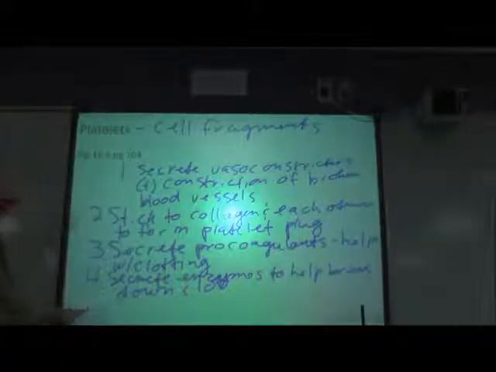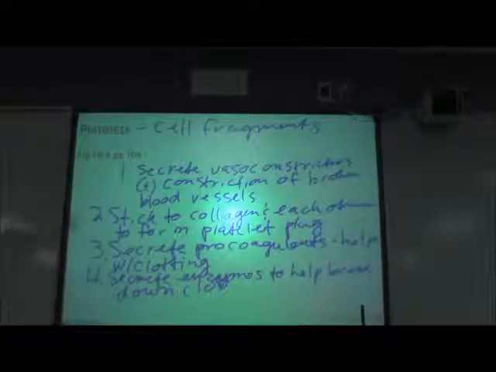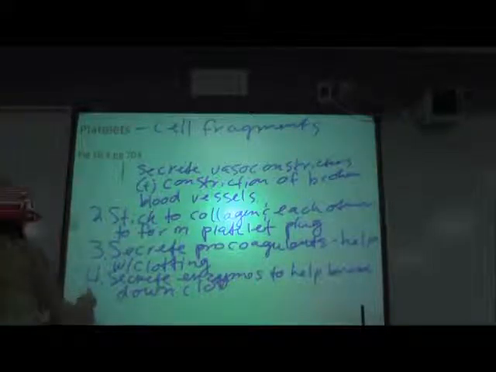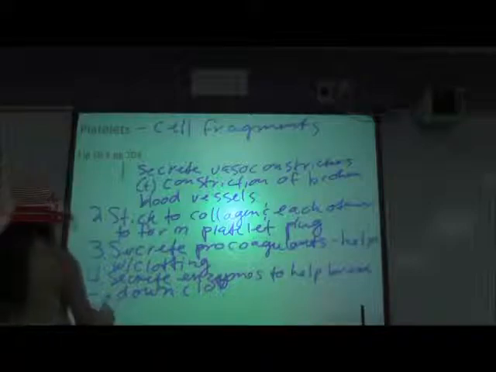They also secrete these things called chemotactic factors. Chemotaxis is like chemical taxiing. So you secrete chemical messages that are going to cause other cells to move to the area. So they secrete chemotactic factors that attract neutrophils and monocytes.